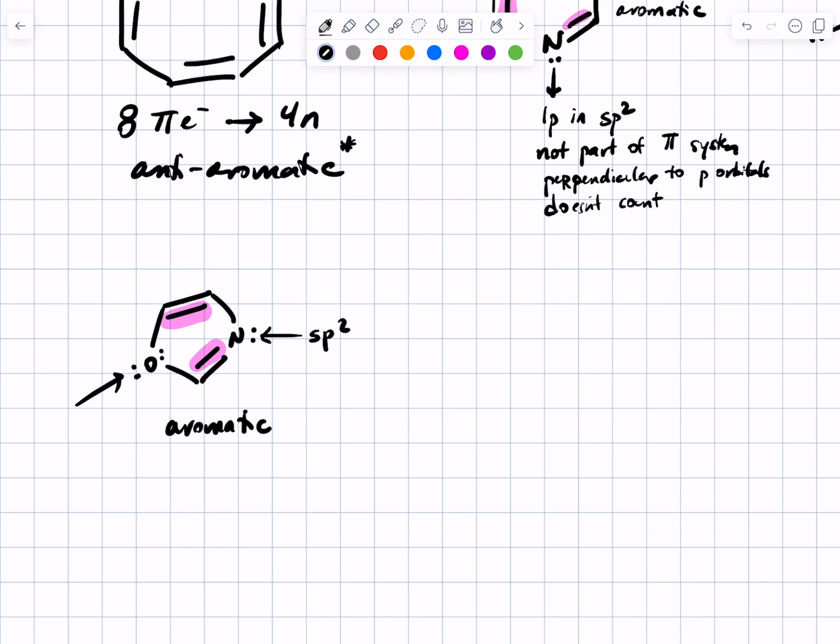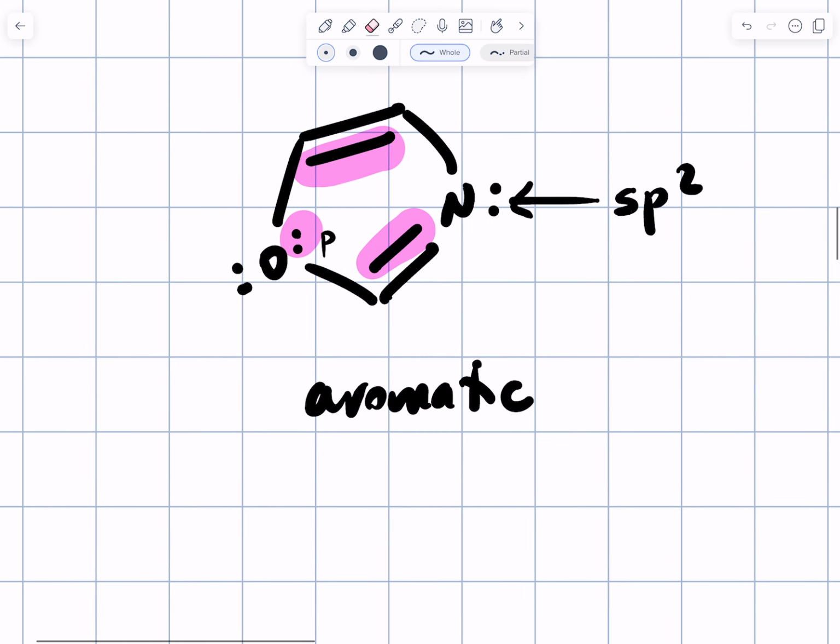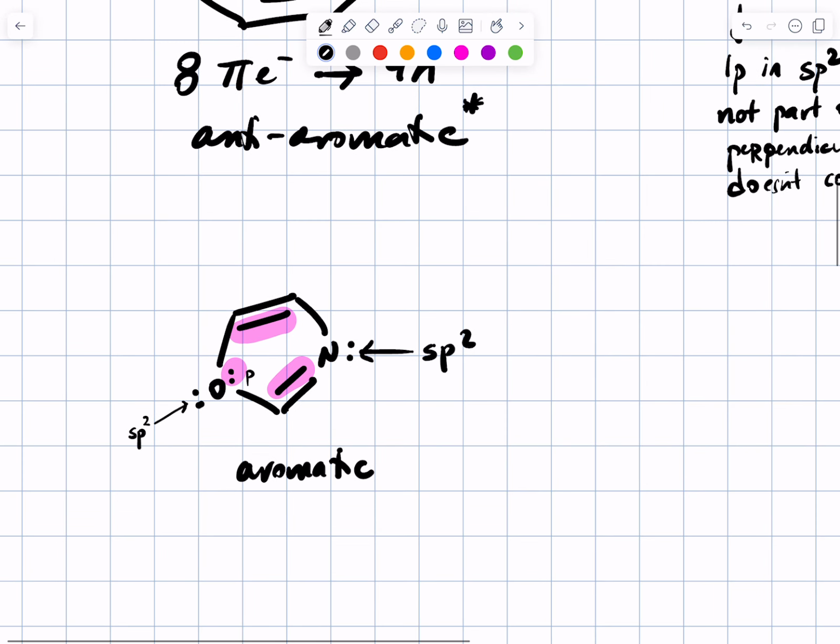But the oxygen is adjacent to 2 pi bonds. That means one of the lone pairs is going to be in a p orbital so that it can participate in resonance and conjugation. The other lone pair cannot be in a p orbital if the other one already is. It must be in an sp2 orbital. So on an oxygen, only one of the 2 lone pairs can be in a p orbital. So looking at that, we would only count 6 pi electrons, and we would conclude that that molecule is aromatic.